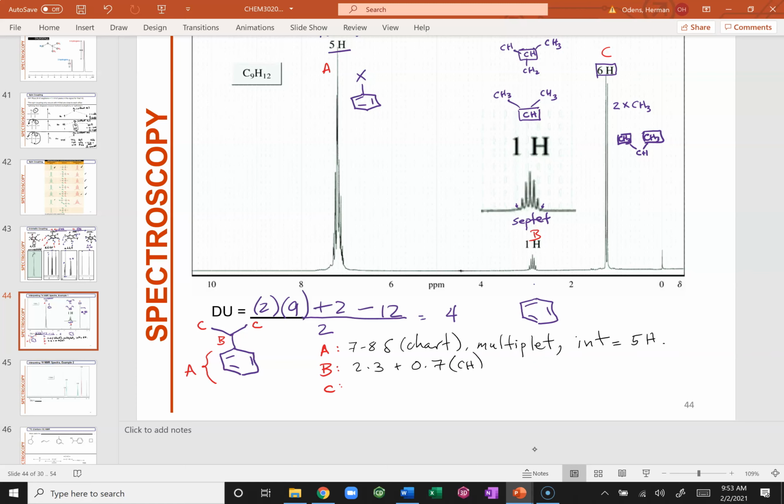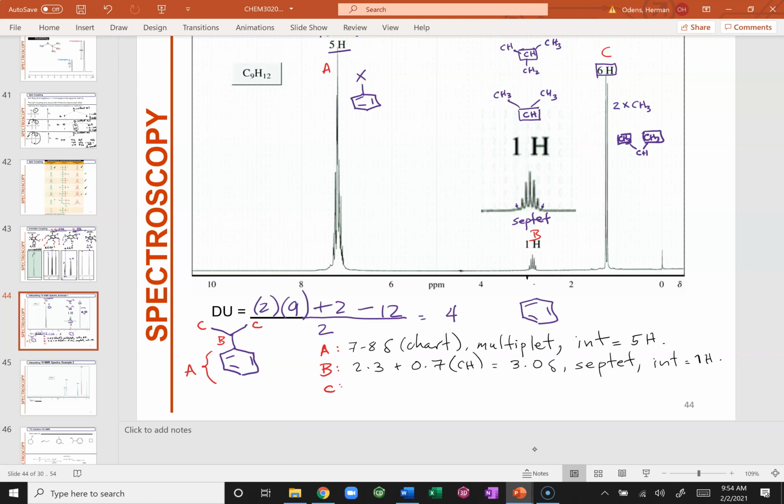Do we have a beta group there? I don't think so. So this will be 3.0, and that's exactly where it is, about close to 3 right there. And we're just predicting. So this would be 3 ppm. It's accepted, and that integrates for one hydrogen. All right.